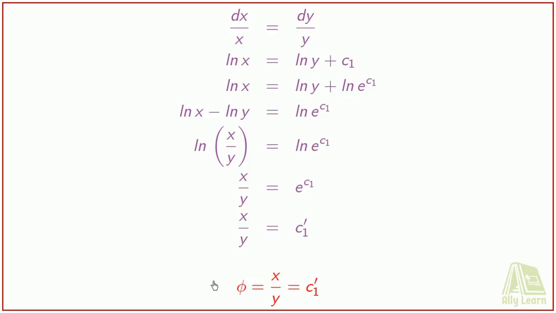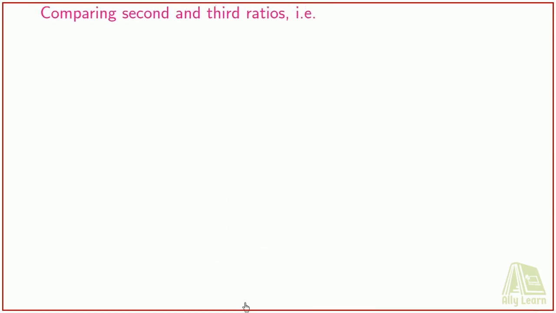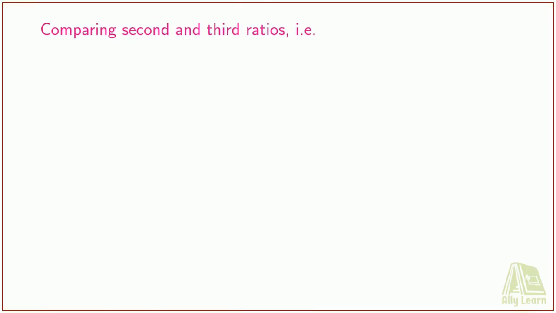Now similarly, I will be calculating my second solution, psi, by comparing another set of ratios. In this question, I will be using the second and the third ratio. So next I compare the second and the third ratio, that is dy over y equals dz over z.